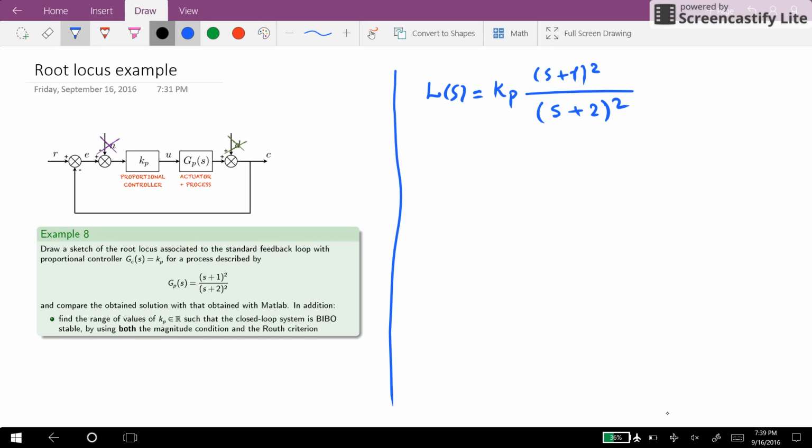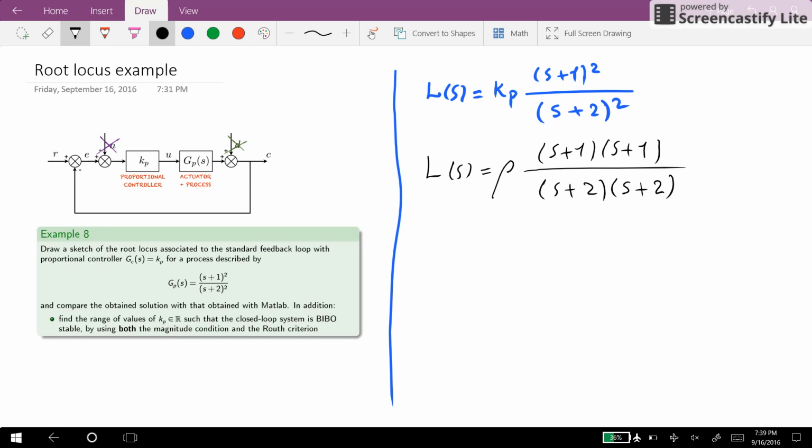And we can rewrite it in this format: L(s) is equal to rho times (s+1)(s+1) over (s+2)(s+2). So for this system, we have two poles, n is equal to 2. We have two zeros, m is equal to 2. As a result, r, which is the difference between n and m, is equal to 0.